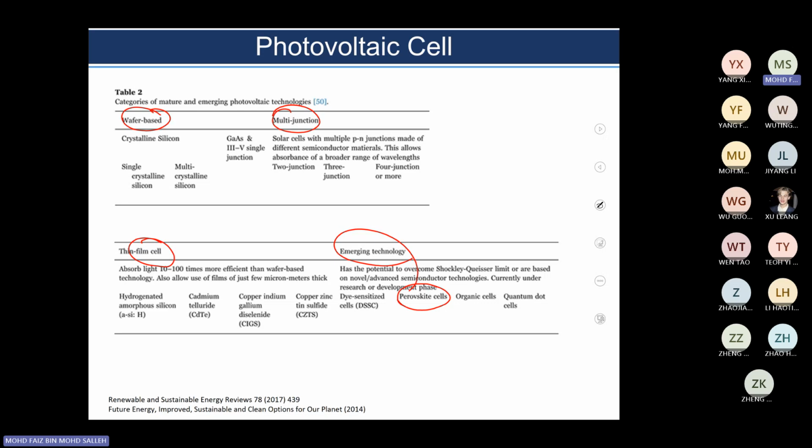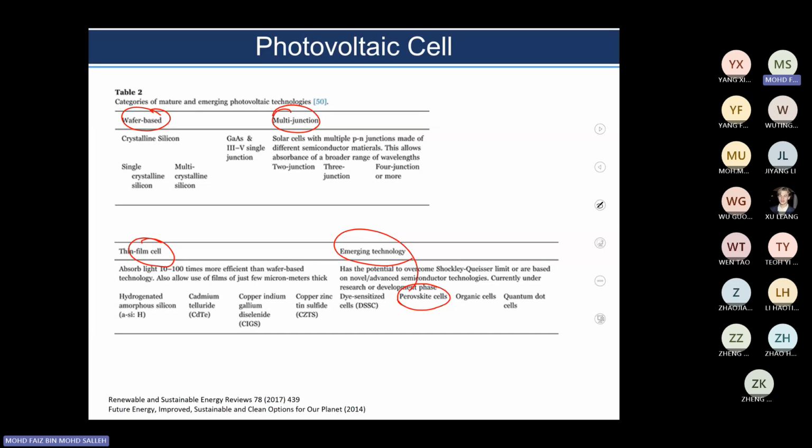And the production can use a printing technique. You can print your solar cell, and then you can use it. And right now, the efficiency is also quite high for this perovskite. Most of the researchers right now are going towards perovskite solar cells. So we can divide into these 4 kinds: wafer-based, multi-junction, thin film, and emerging technology.